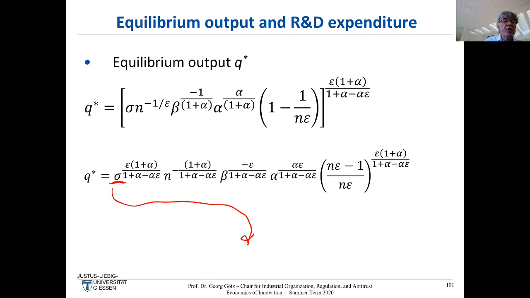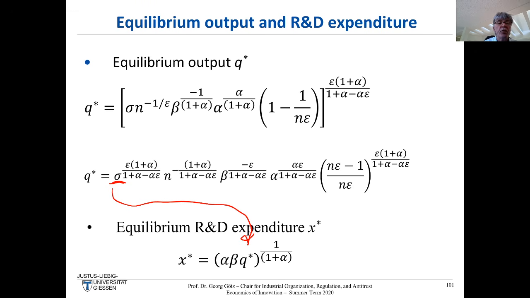Actually, it means that Q increases. And if Q increases, also X will increase. So if we have a given number of firms and the market size increases, we have a larger market, we will have larger firms, and each firm will invest more.